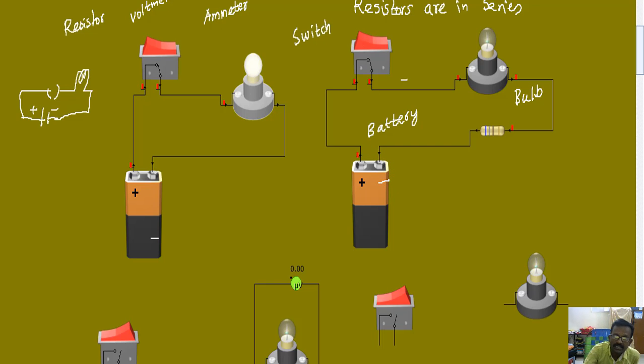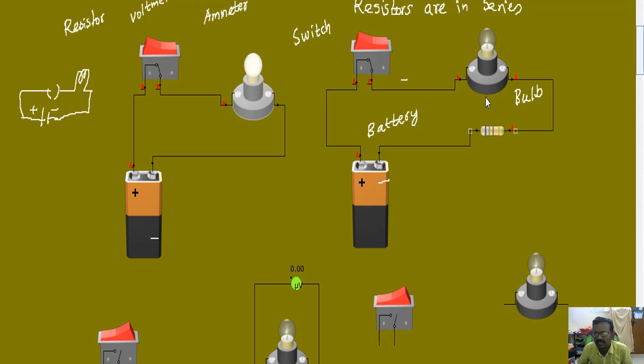Now the switch is in the on state. We don't find much current here. Why? We have put a resistor here, so the electrons have been blocked by it. Look, how much current is flowing in this circuit?